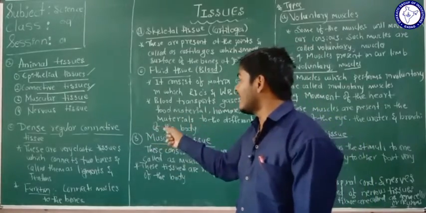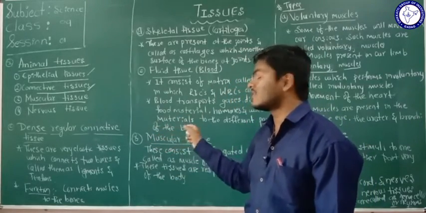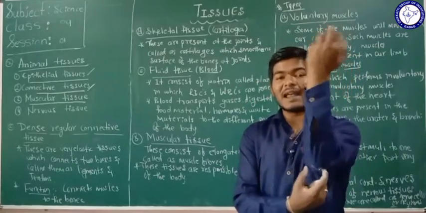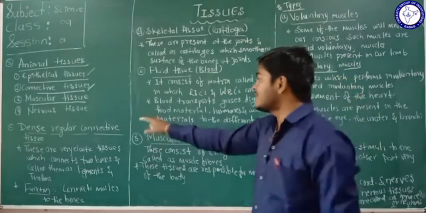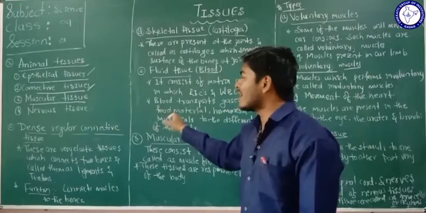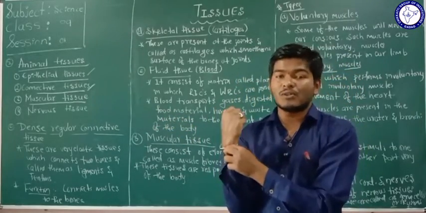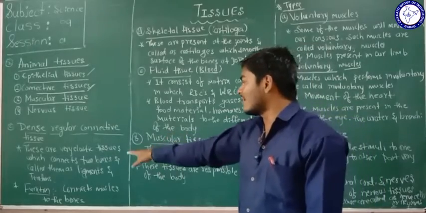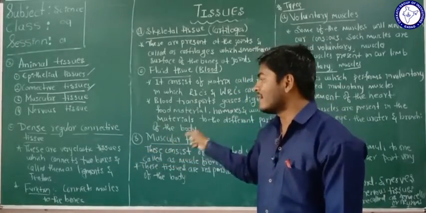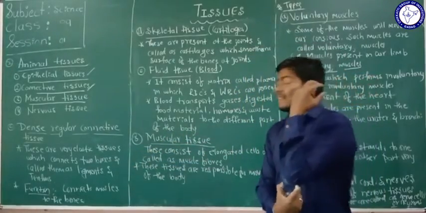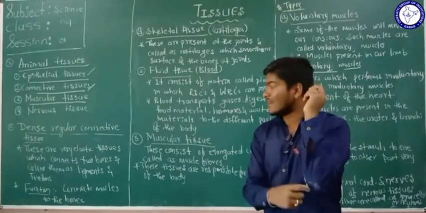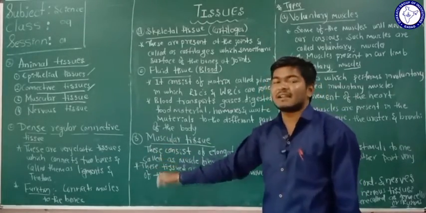They are present at the connection of the bones. These dense regular connective tissues are present at the connection between two bones, and the tissues present in those connections are called ligaments and tendons.